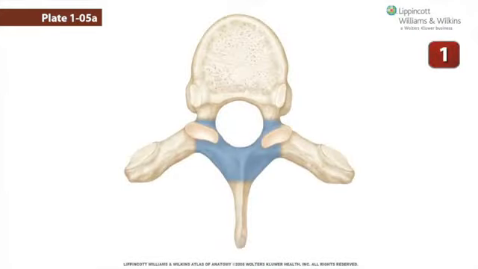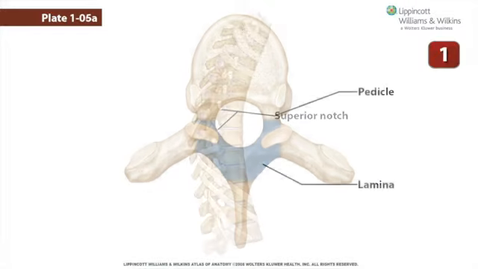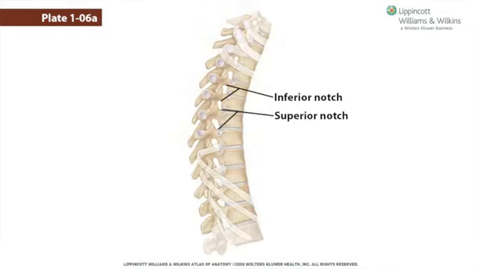Posteriorly is a vertebral arch consisting of bilateral pedicles and laminae. The pedicles are short cylindrical processes between the body and the lamina. The superior and inferior notches on the pedicles of adjacent vertebrae form the intervertebral foramina, through which the spinal nerves exit from the vertebral canal.